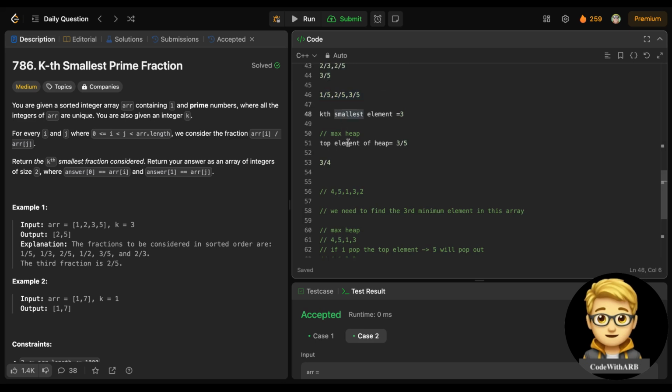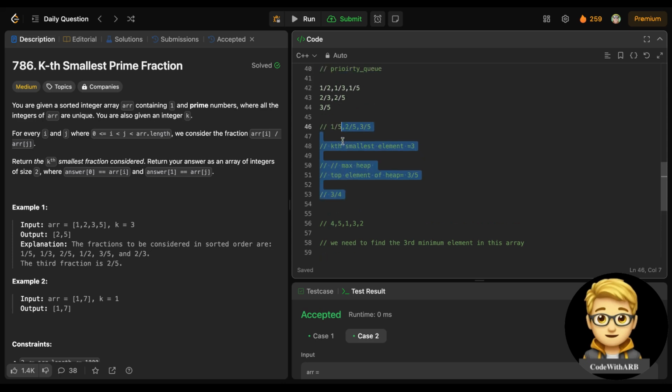And after that, whenever I pop the top element, I will decrease the denominator, so that it gives me some maximum value, which will be rearranged within the heap and give me one of the top elements, so that I can pop it out, right?